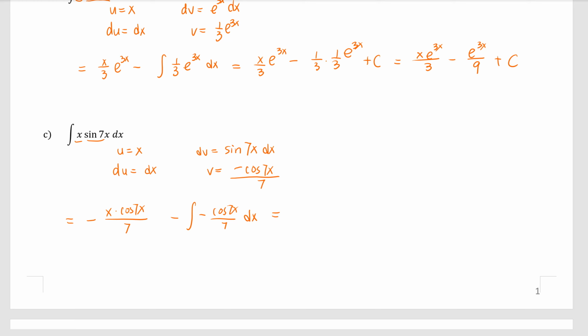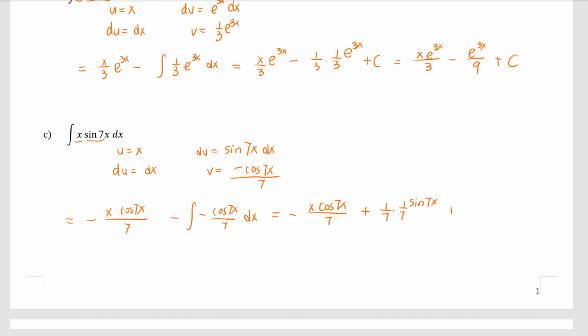All right, this is minus x cosine 7x over 7. Minus minus becomes plus, and the 1 over 7 we can put in front. What is the integral of cosine? The derivative of sine is cosine, right? So it's positive sine 7x, but we also need to divide it by an extra 7.